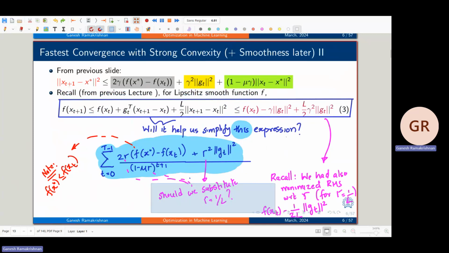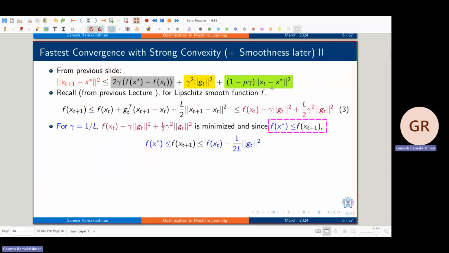So then we are tempted: can we substitute gamma equals 1 by L somewhere? See, a lot of this rough work you can do yourself, right? Write down possible simplifications. Okay, let's again go step by step. Indeed, it turns out that I can do some minimization.